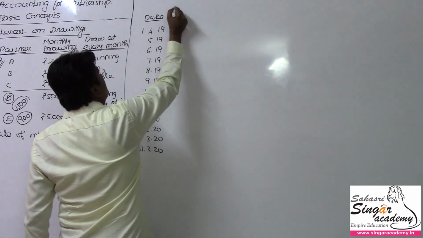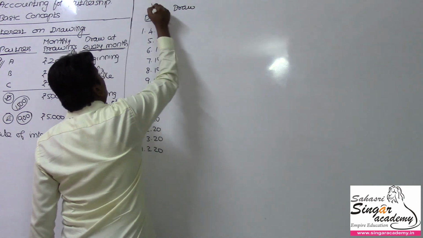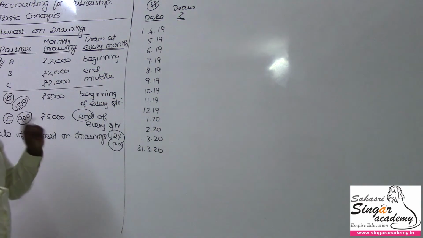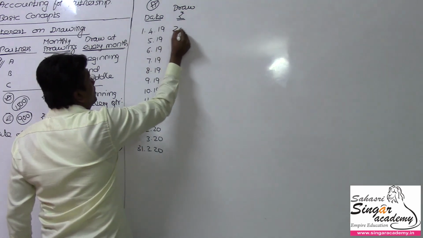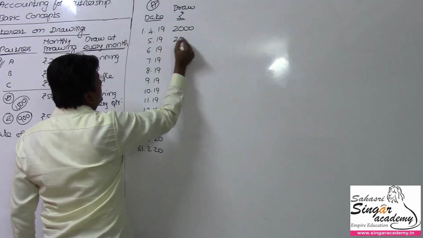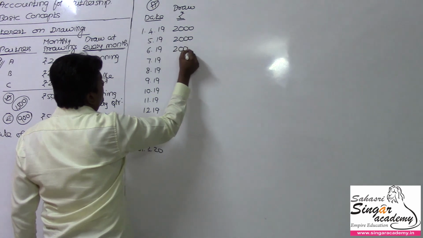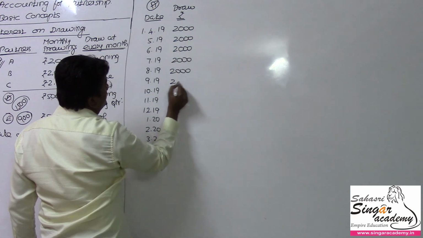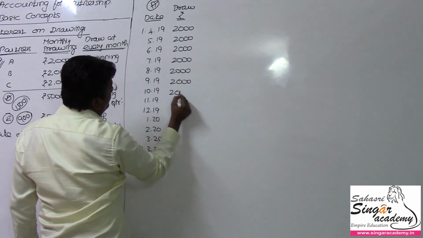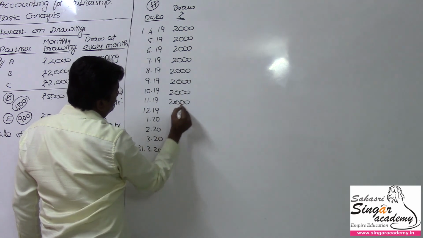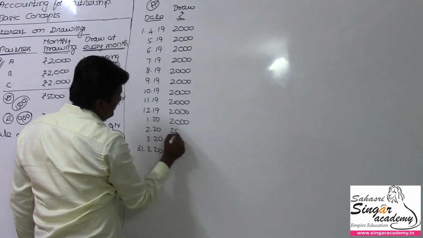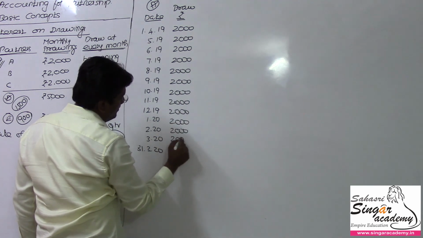For the drawings amount, how much does he draw? 2000 every month beginning: April 2000, May 2000, June, July, August, then September, October, November, December, January, February and March.